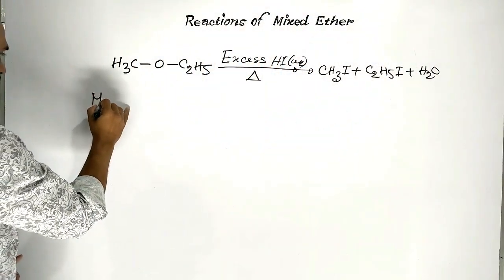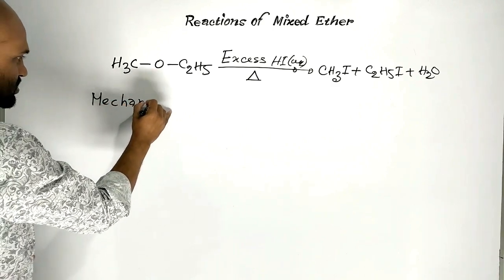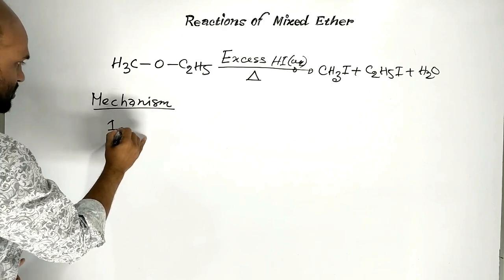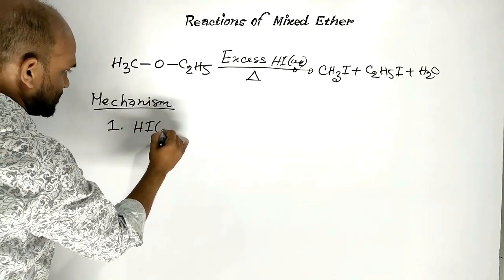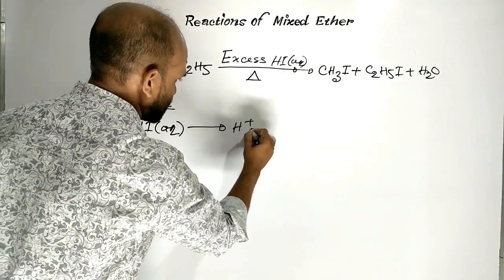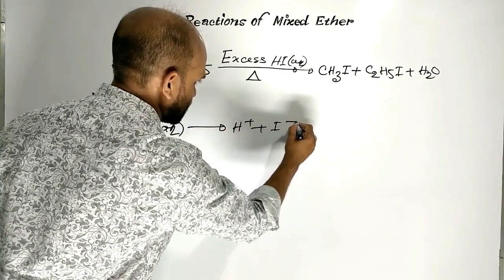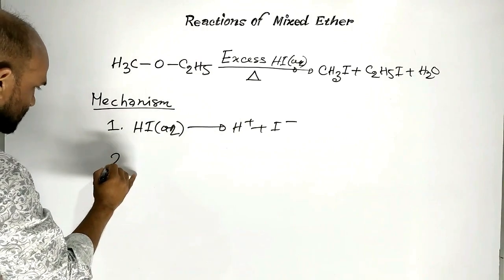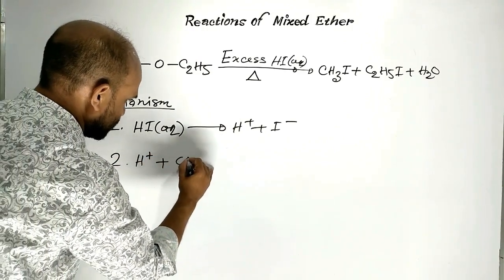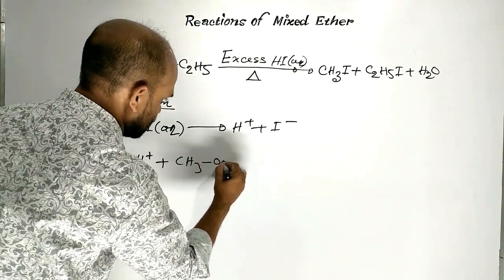Let us see mechanism of the reaction. Step 1. Hydroiodic acid ionizes to proton and iodide ion. Step 2. Proton combines with ether.